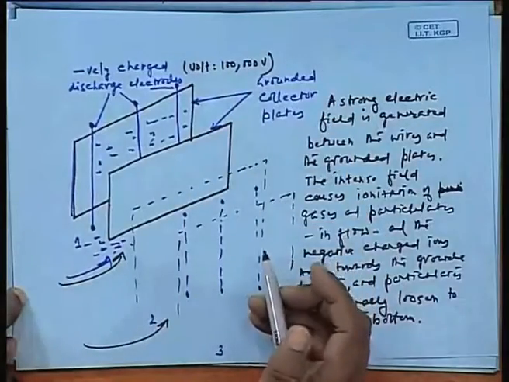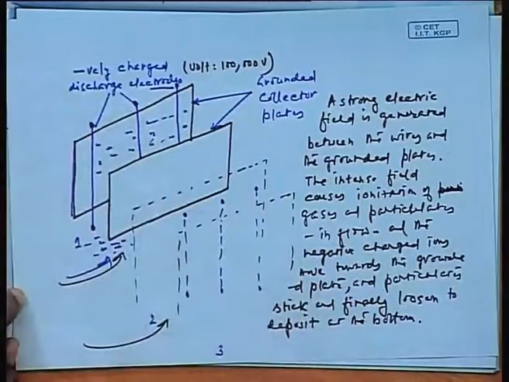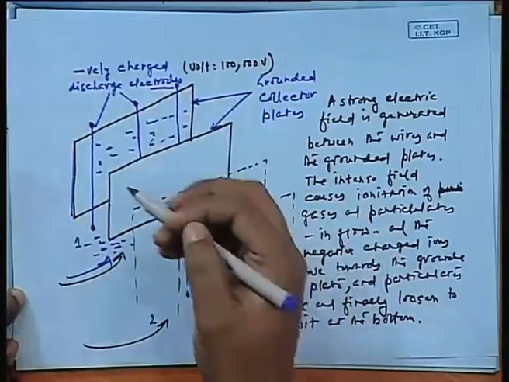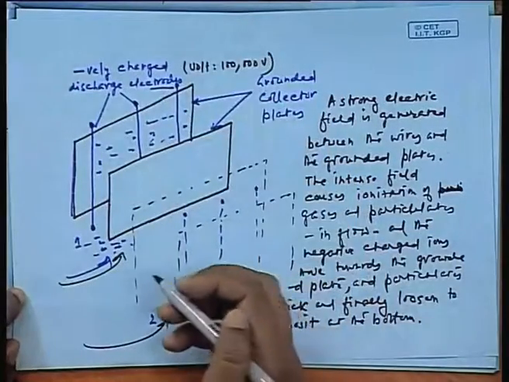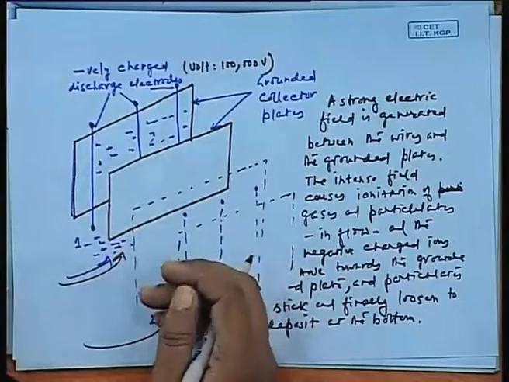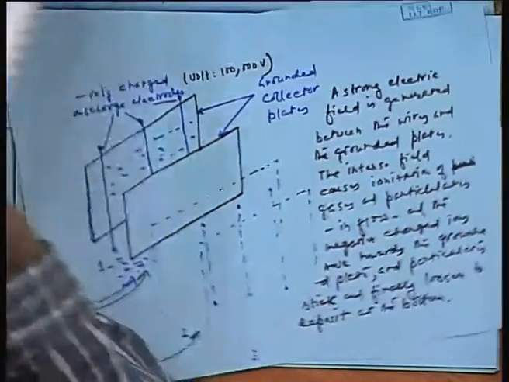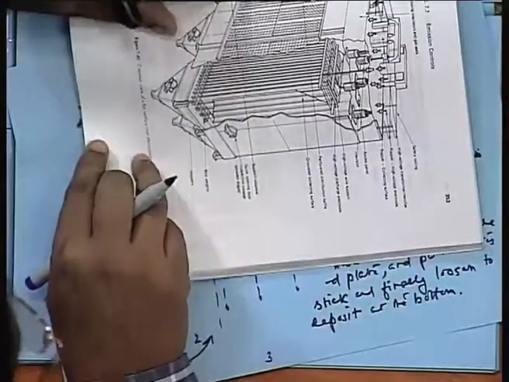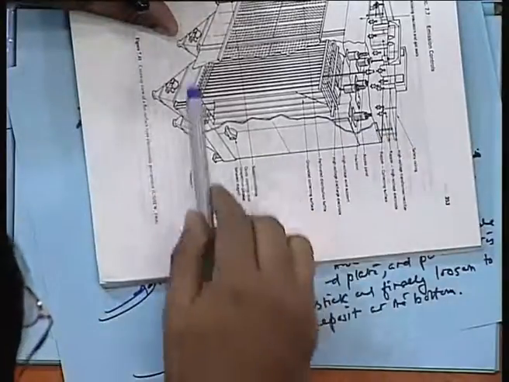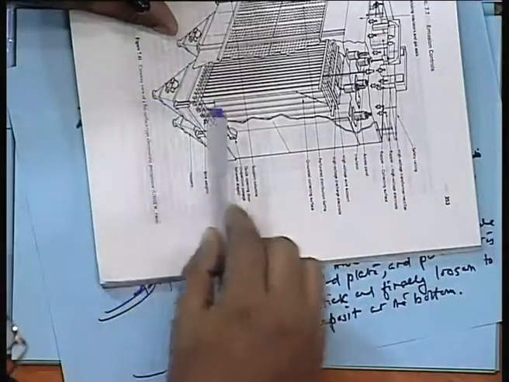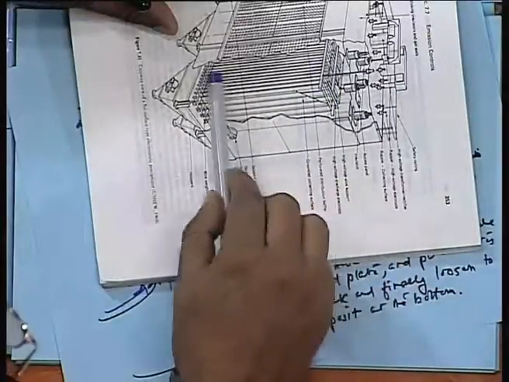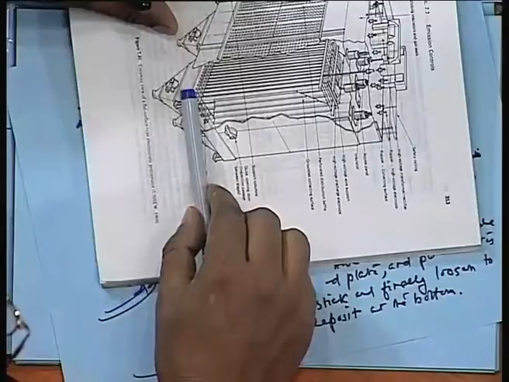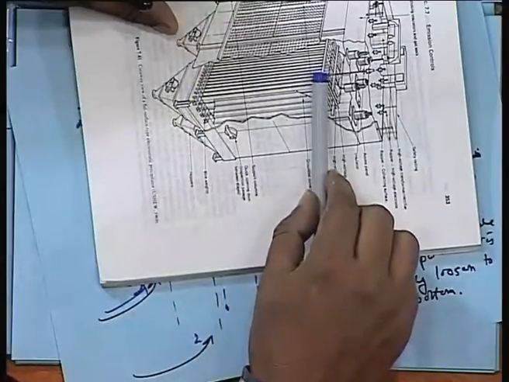This is also the same thing as I have said, that there will be a number of scores of electrostatic chambers like this, and almost all of them would look like this. As you can see, this is from where this would be sent through, and you can see a number of columns of electrostatic precipitators, one set after another.